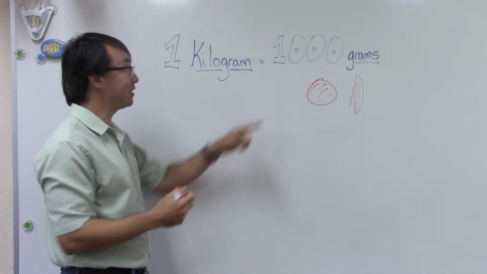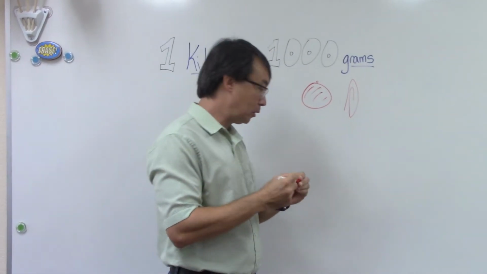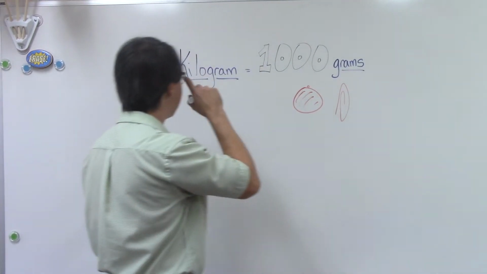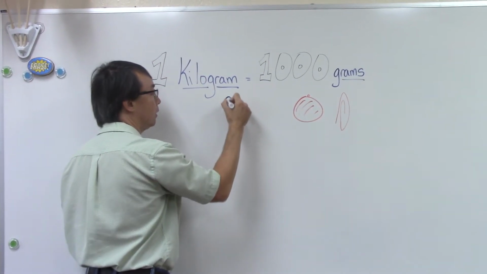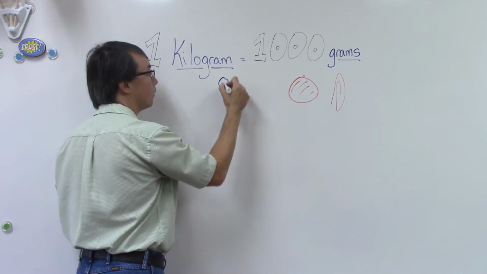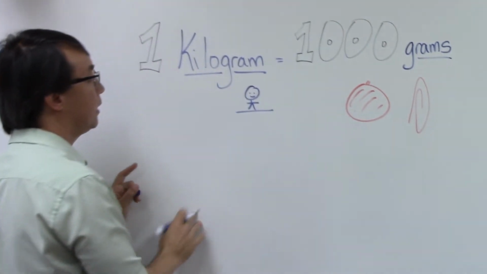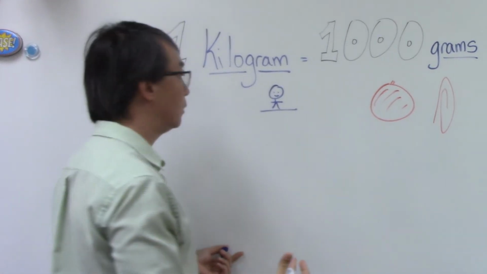But for kilograms, that's 1,000 grams. So kilograms are used to weigh things like people, right? People, you would use kilograms to weigh those.